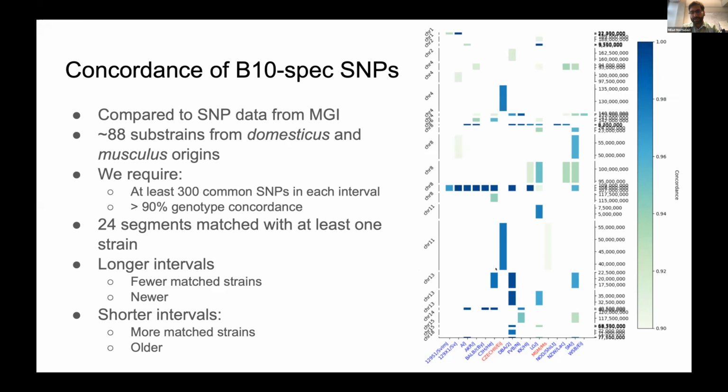the database. This may infer that these regions are introgressed from a newer event. We hypothesize that these SNPs are from an introgression process during the breeding stages, and the longer segments can come from a newer event, and the older, smaller ones, which are common between more substrains, can come from an older event.